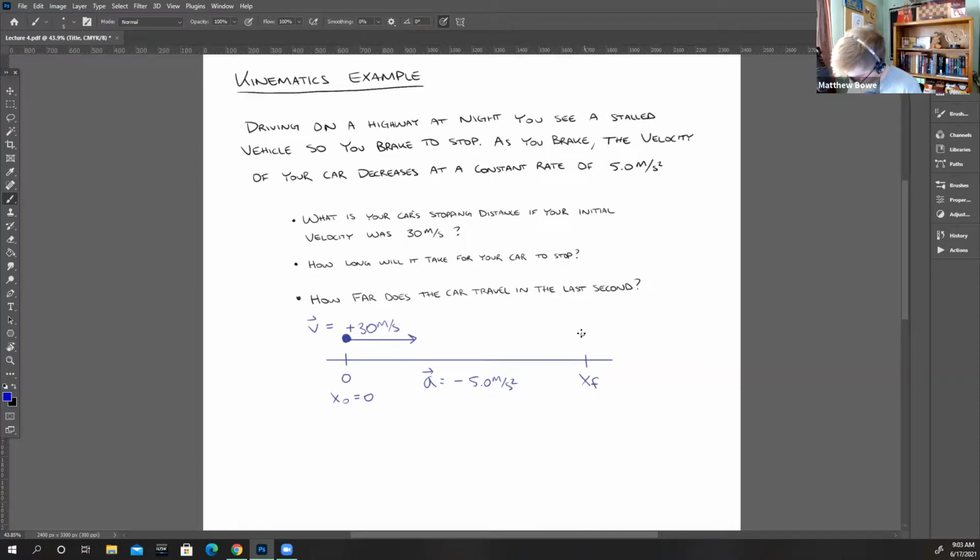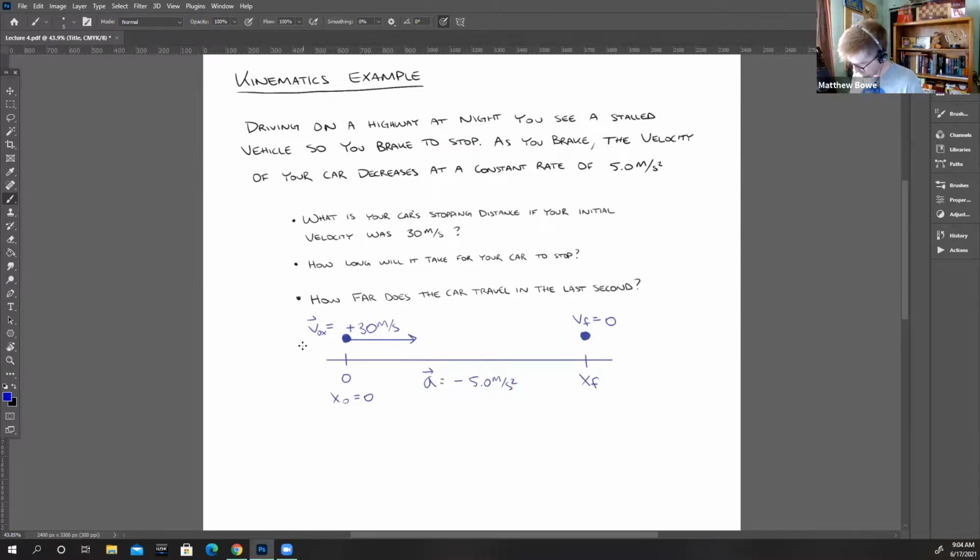When the car gets all the way over here, it will be completely stopped, so the velocity at the final position is 0. Over here on this V, I'm going to put V naught x, because that's our initial velocity in the x direction.